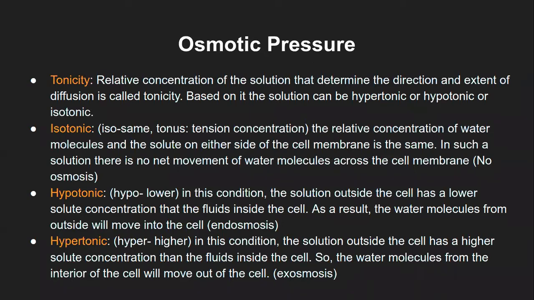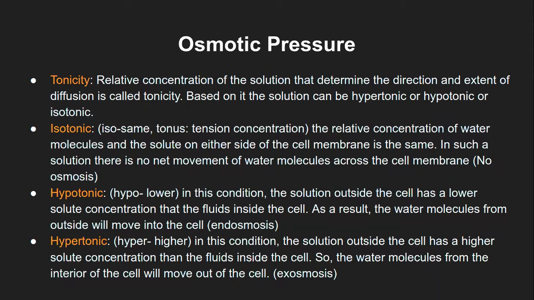Like let's say compartment A has 5 gram per liter of salt, and compartment B has 10 gram per liter of the salt, right? So the tonicity of these solutions will be respectively 5 gram per liter with respect to 10 gram per liter.